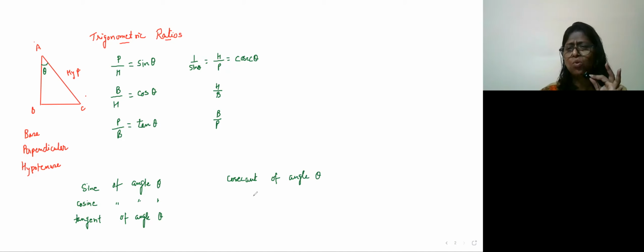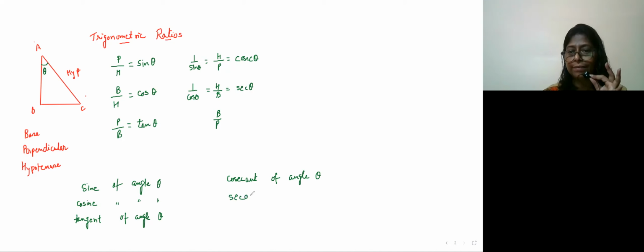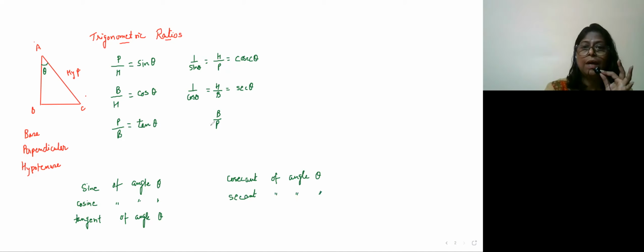Very rarely we use the word cosecant, we use cosec. And this is inverse of cos. Inverse of cos is sec theta. Sec is secant of angle theta.